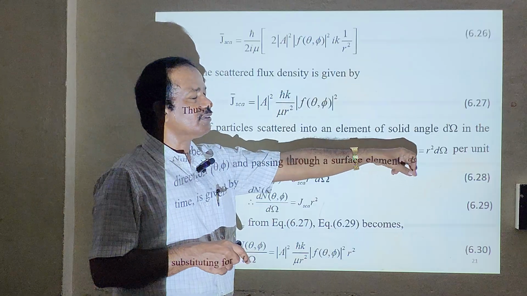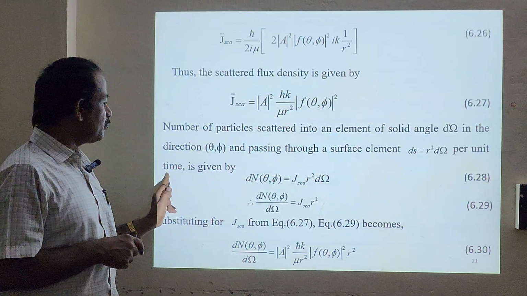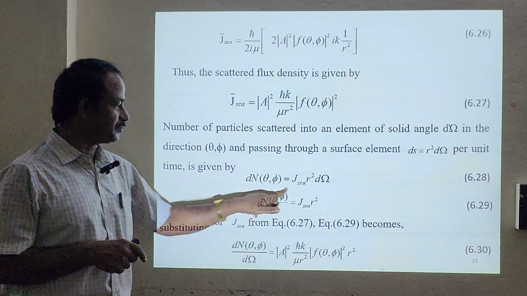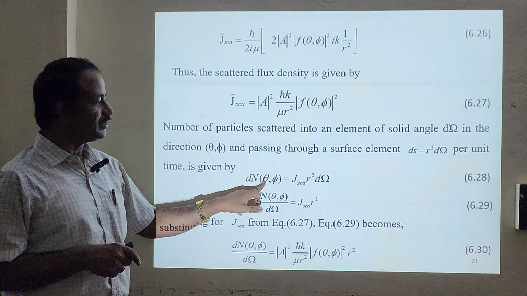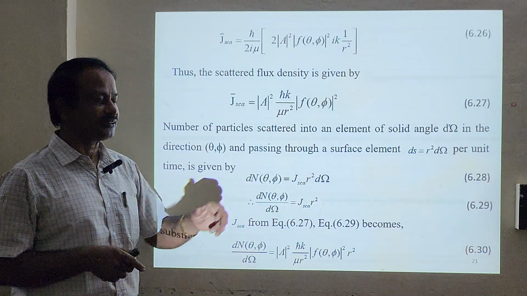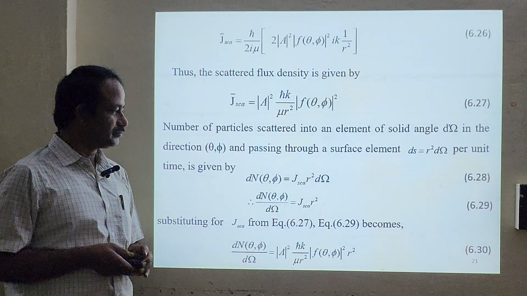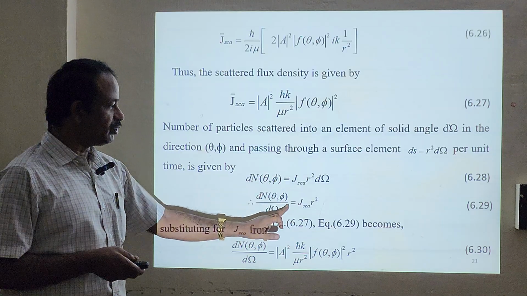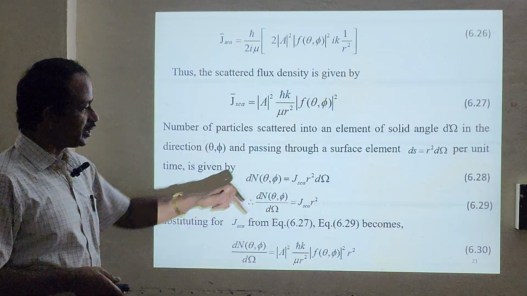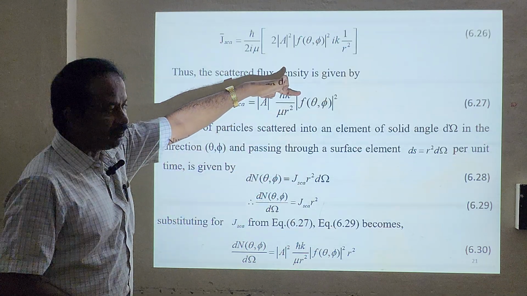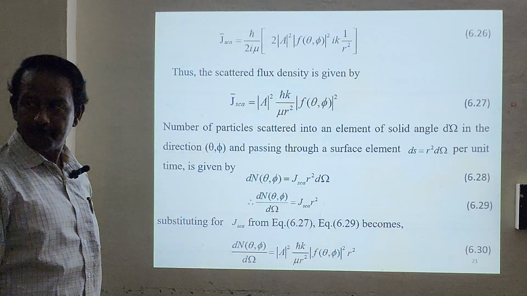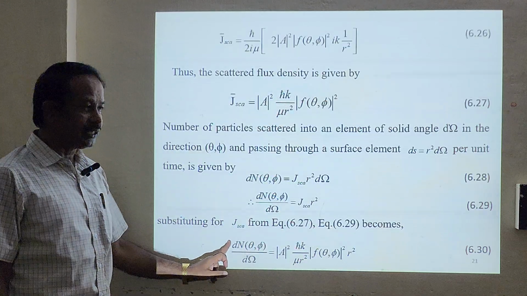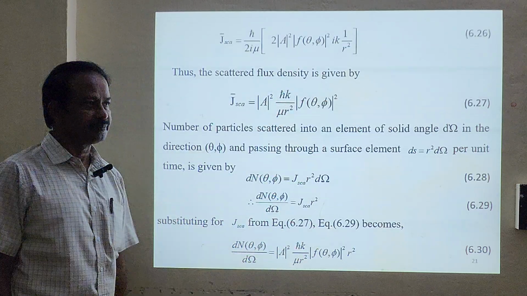Can you remember dA equals r squared d omega, per unit time, is given by this expression. So dN theta comma phi equals j scattered r squared d omega. So dN by d omega will be j scattered r squared. The expression for j scattered will be this expression. You substitute here. So we will get dN by d omega, which is equal to this expression.